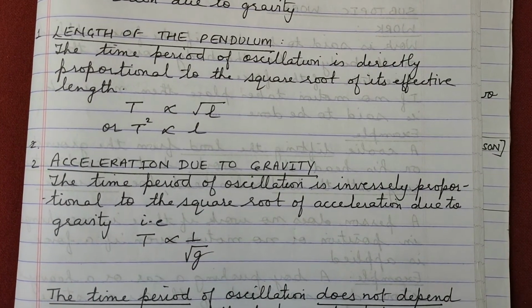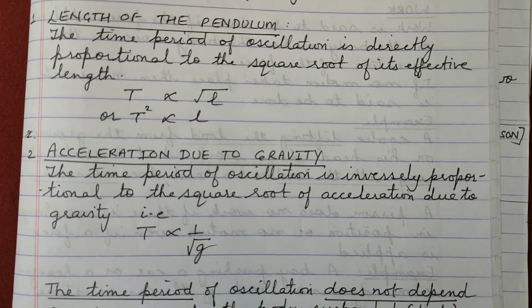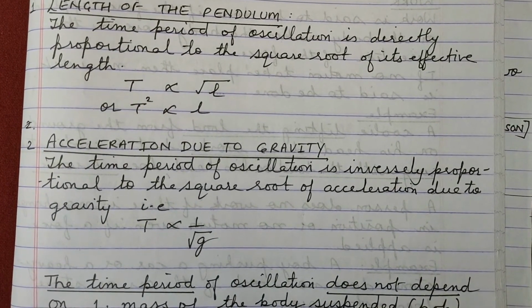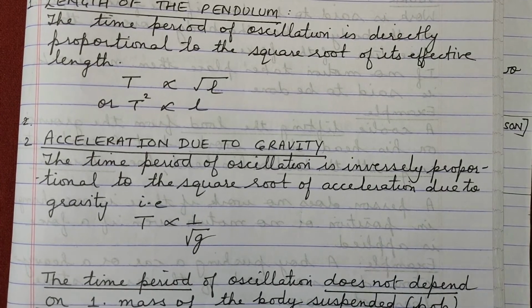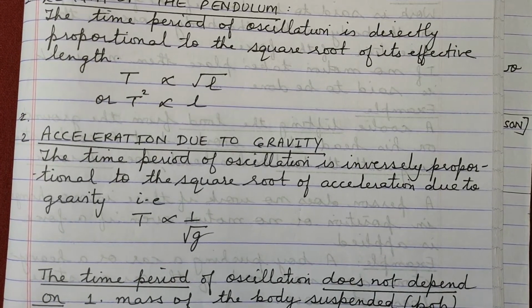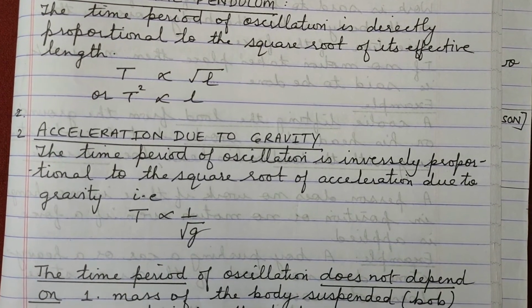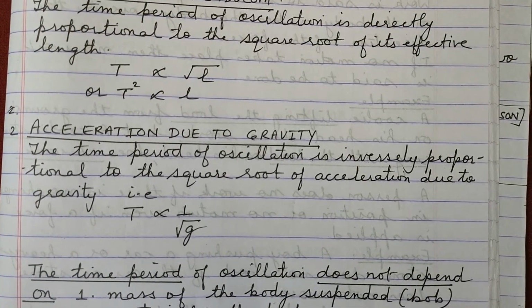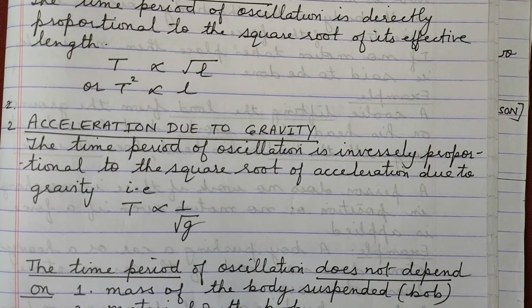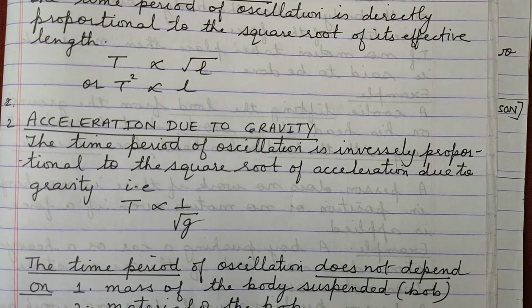The second factor, acceleration due to gravity, you will explain as: the time period of oscillation is inversely proportional to the square root of acceleration due to gravity, which is represented as T is proportional to 1 upon square root of acceleration due to gravity g.